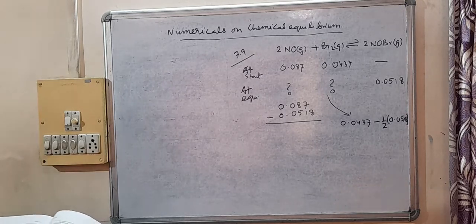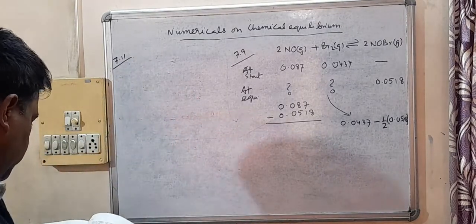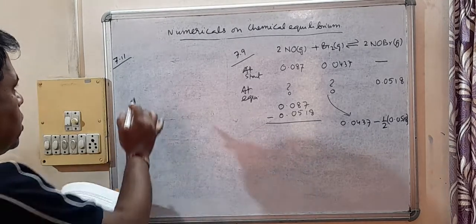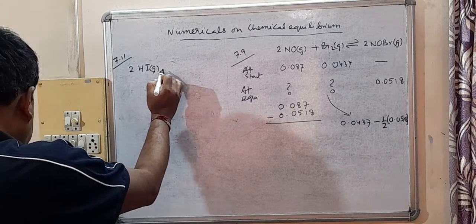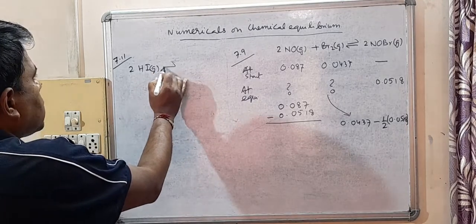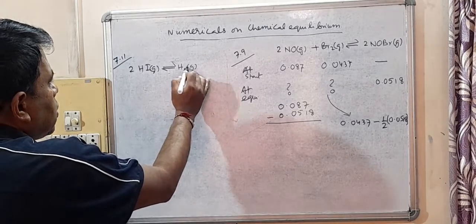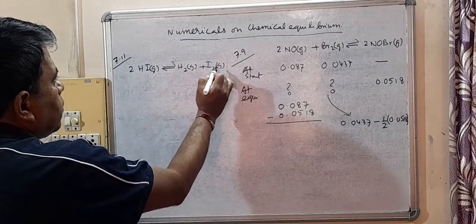Okay, now let us do question number 7.11. Now this is about this equilibrium: 2HI gaseous reversible H2 gaseous plus I2 gaseous.